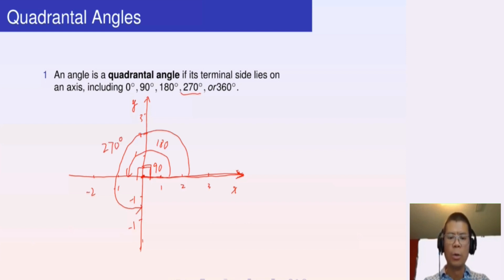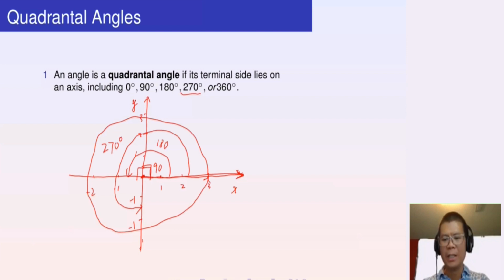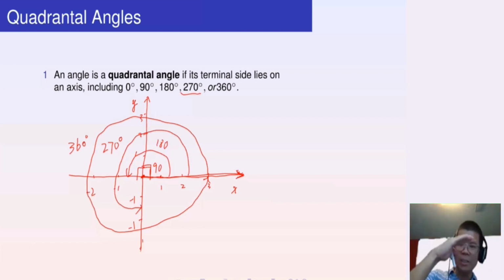But if you go all the way around and come back, that's a full rotation, which is 360 degree. So you have 90, 180, 270, and full rotation, right?